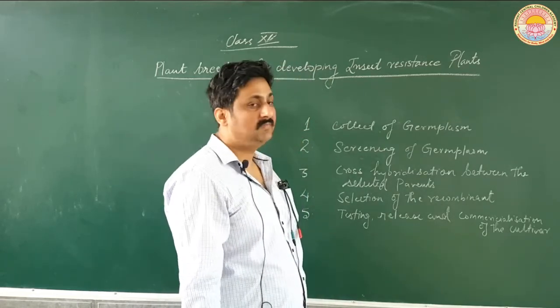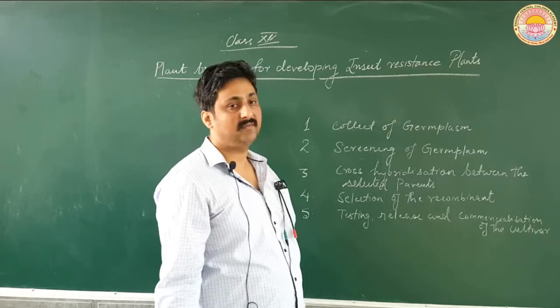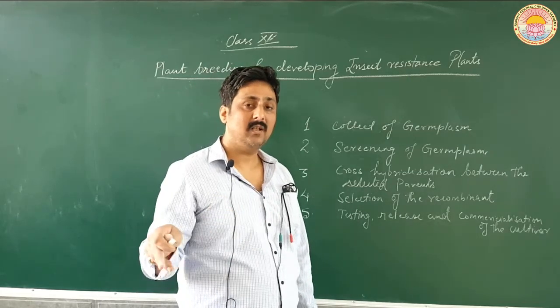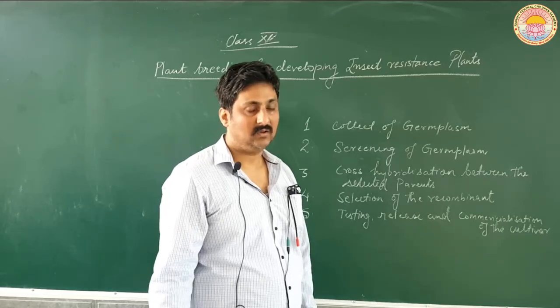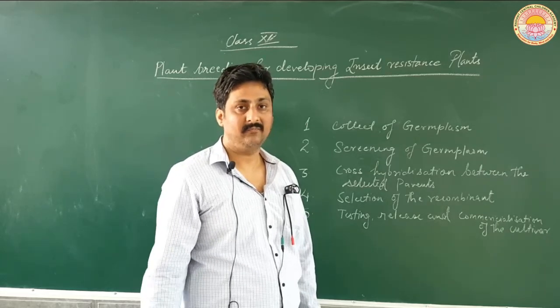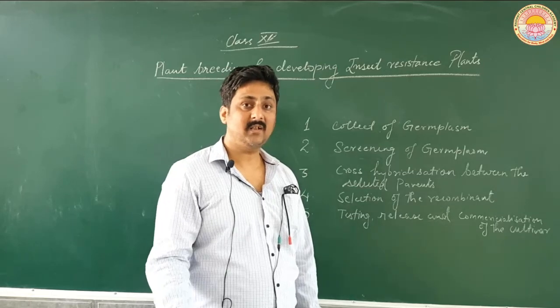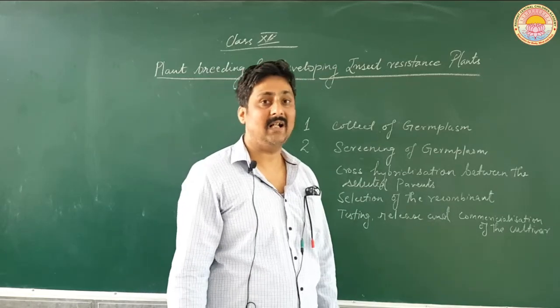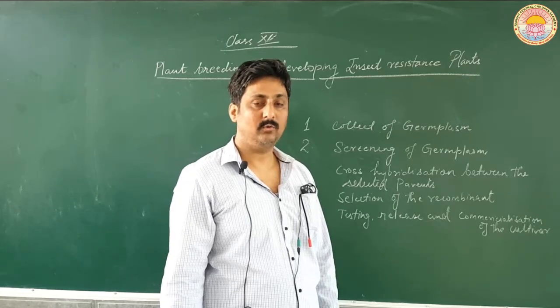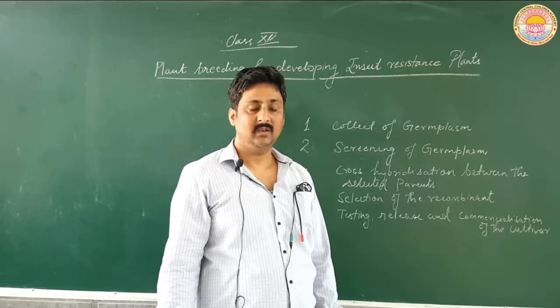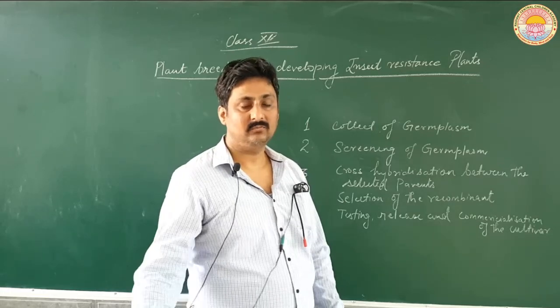And this is all about insect resistant plants. See, there are certain tables given in the chapter, in the topic, of various kinds of disease resistant plants which IARI, the Indian Agricultural Research Institute, has developed. So you have to learn all those things. And thank you very much.